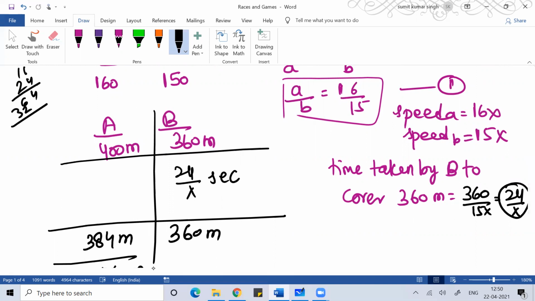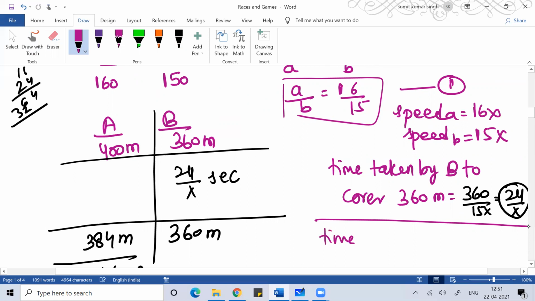So here B has to cover 360 meters. A has to cover now 400 meters. If you think why I did B first, it is so I can find the time. What is the time taken by A to cover 400 meters? That would be 400 by 16x.